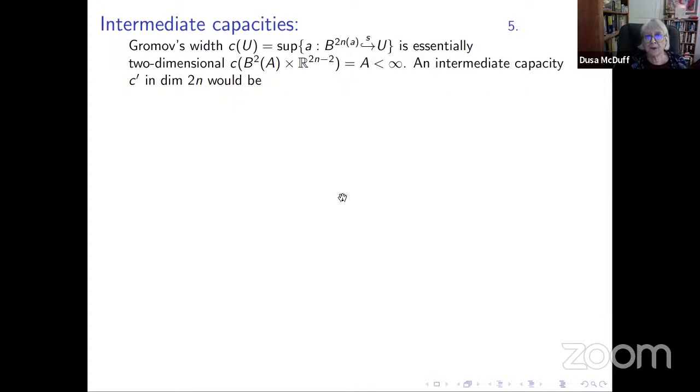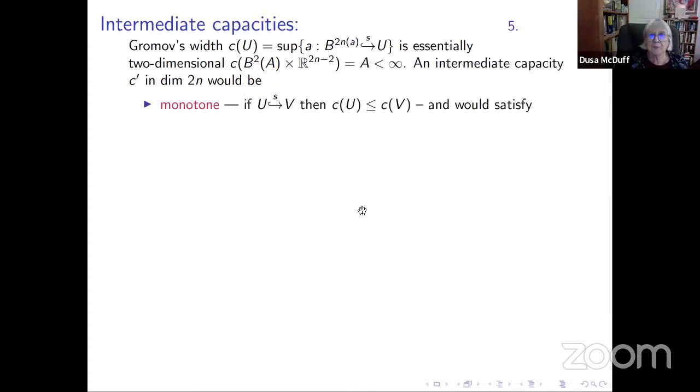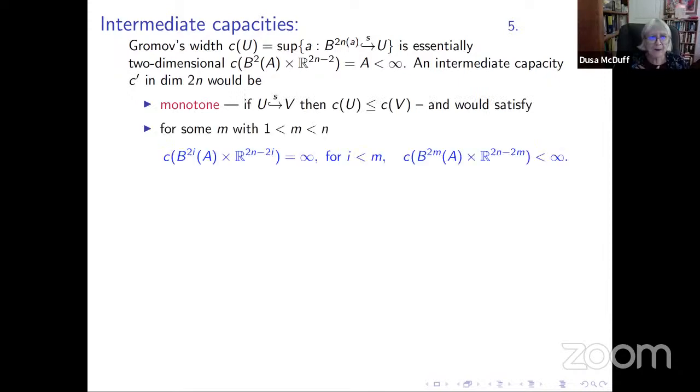So if U embeds in V, then C prime of U is less than C prime of V. And it would have the property that there would be some intermediate M, between 1 and n, so that it would be infinite on something like B^2i(A) times R to the complementary dimensions, where i is less than M. So this is confined in fewer than 2M dimensions.